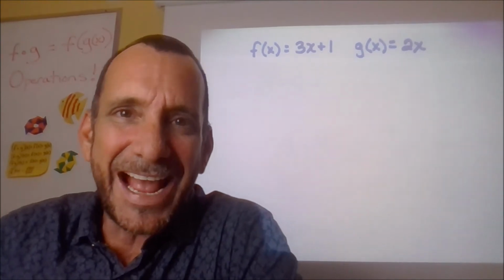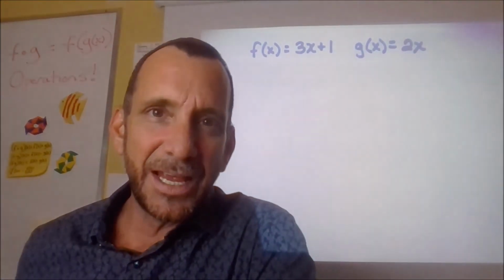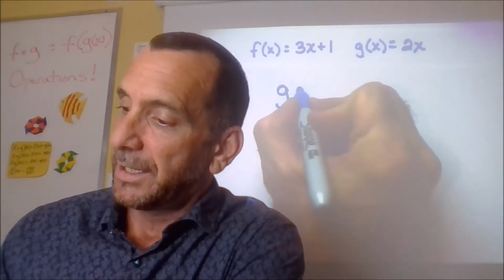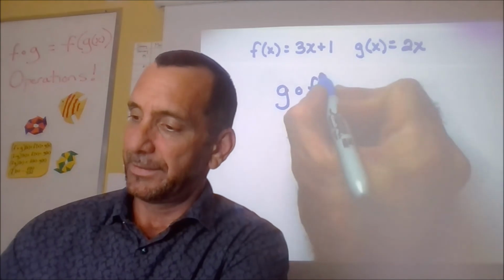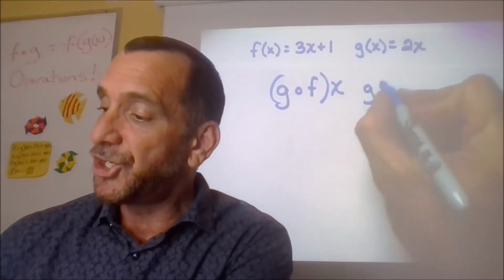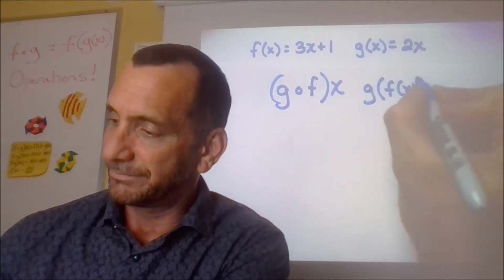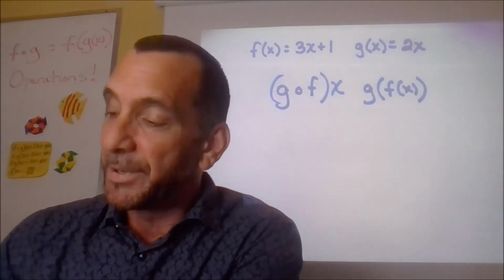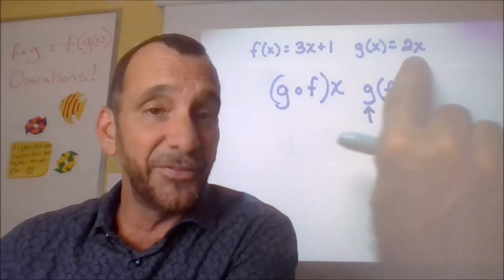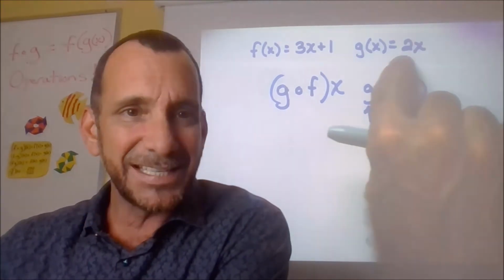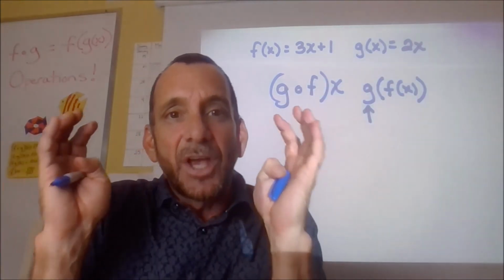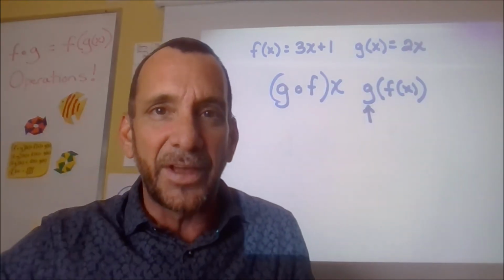Check this out. We've got two functions, f of x and g of x, and we want to find g of f of x. Well, that's great because now I know I'm going to start at my g of x function, and every time that I get to an x in the function, I'm going to substitute the entire f of x equation.